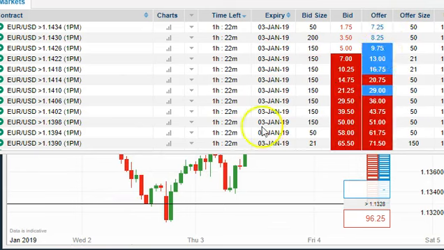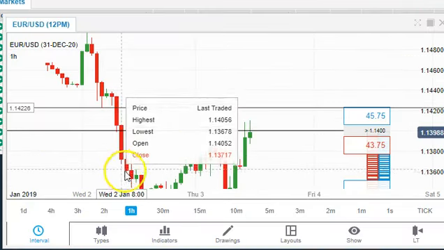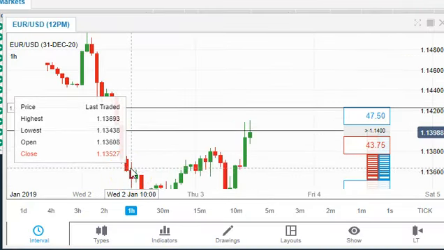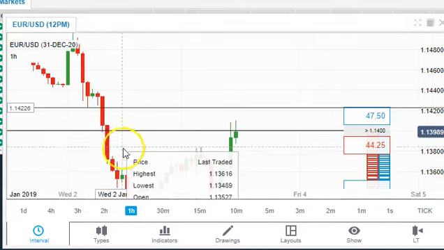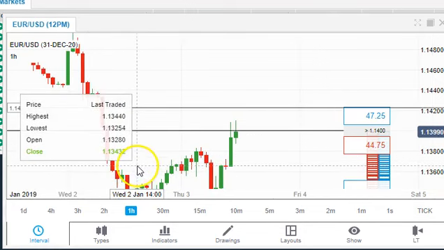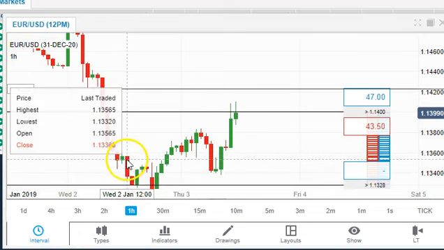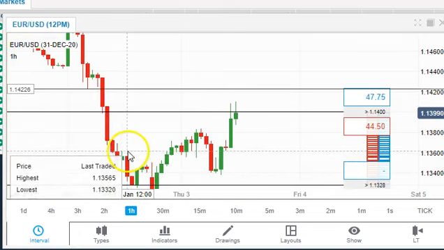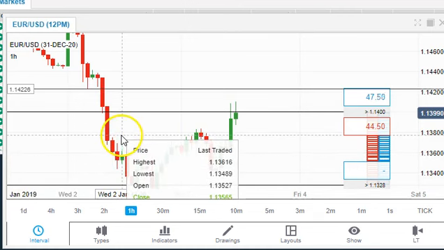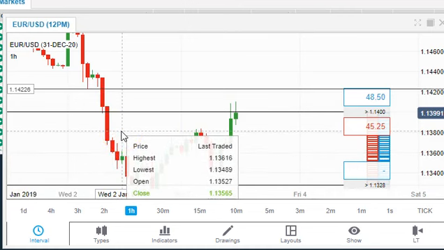We had the 113.54 contract, and it was a losing trade, so we lost it anyways. But that was slightly in the money, about 2 pips in the money.